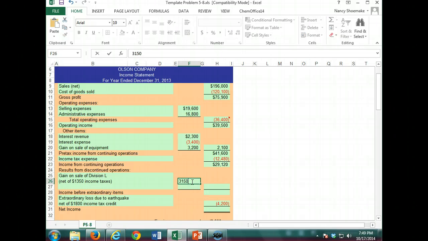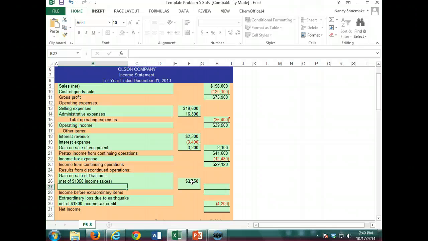No, $3,150, because the 3,150 includes the income tax component. Remember, anything after the income from continuing operations, we've taken out the income tax. So any of these additional items, the income tax is already accounted for in each of these transactions. Okay?